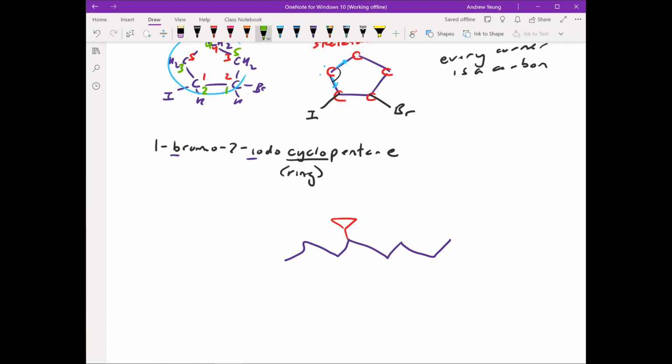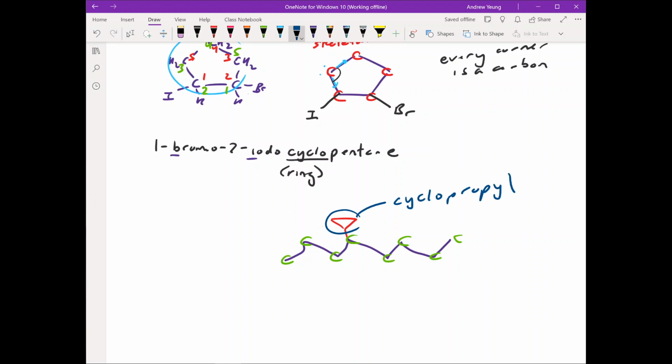Normally the one ring would be the parent. If we were really looking at this though, we'd say, wait a second. If every corner is a carbon, okay? Well, that's a much longer carbon chain. I think that's 8 carbons long. There will be times where later on, if I have rings that are really tiny in comparison to long chains, you might see this group referred to as a cyclopropyl group.